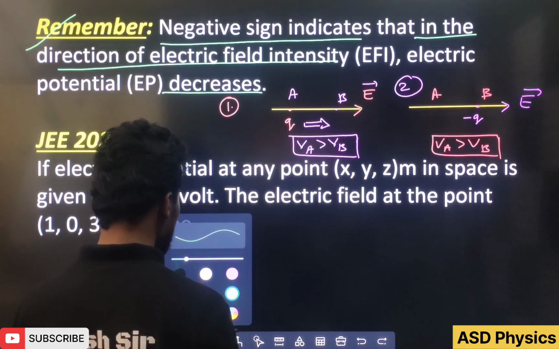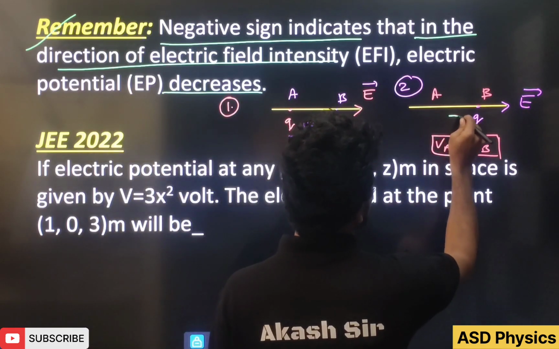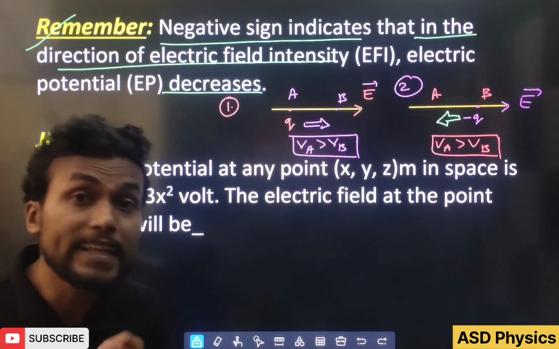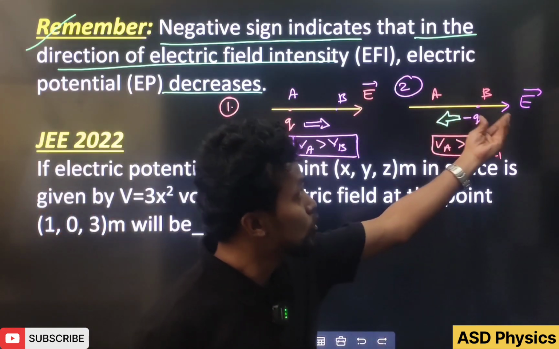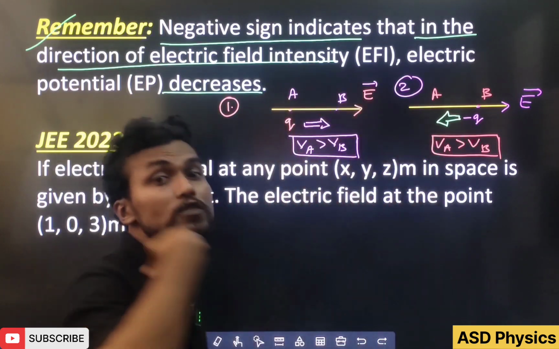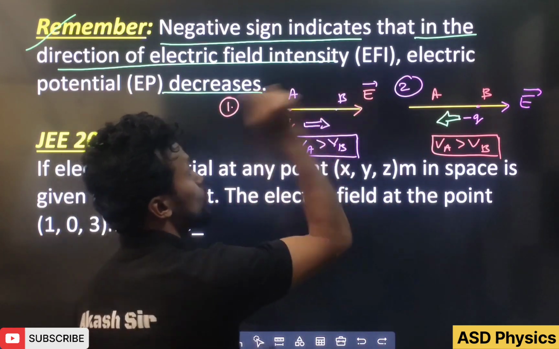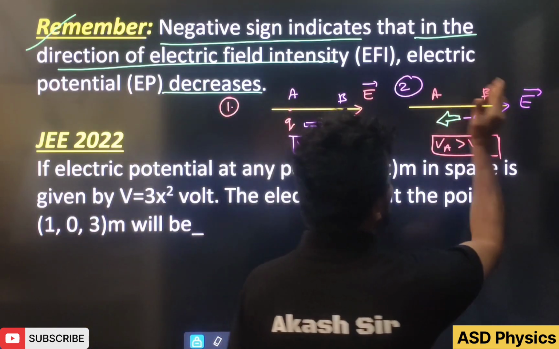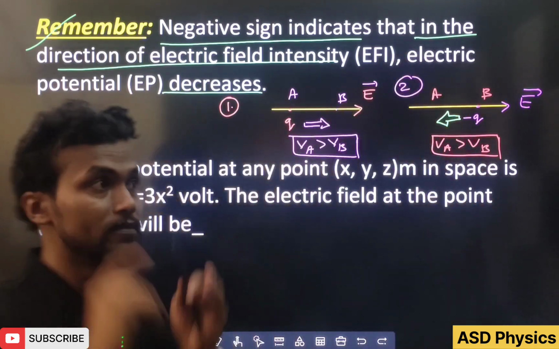But now this charge will move in which direction? It has the tendency to move this side. That means negative charge always flows from low potential to high potential. Again, I am repeating, positive charge moves by itself from high potential to low potential, and negative charge moves by itself from low potential to high potential. Remember that very well, students.